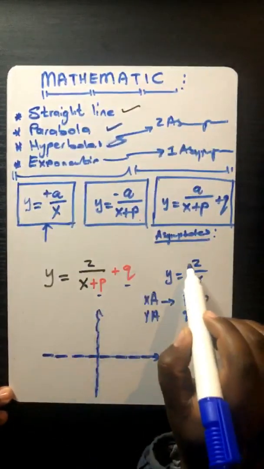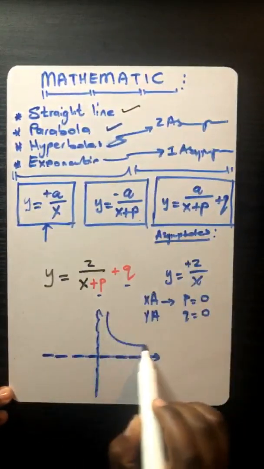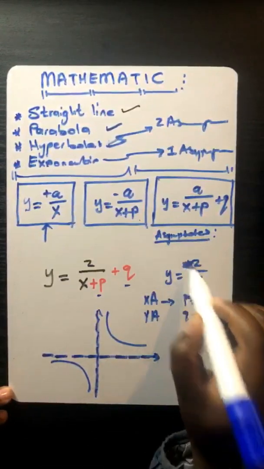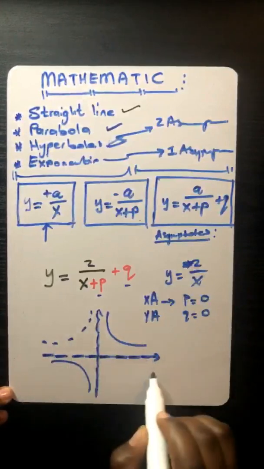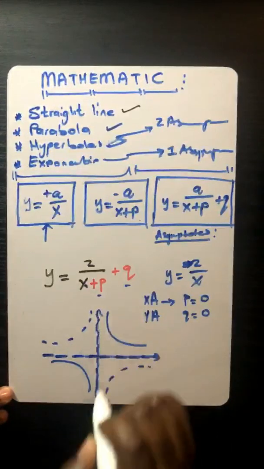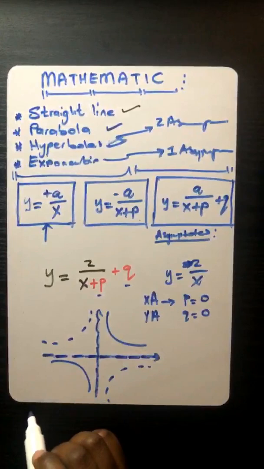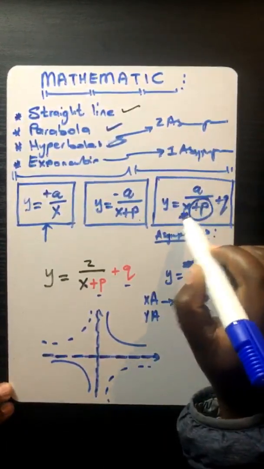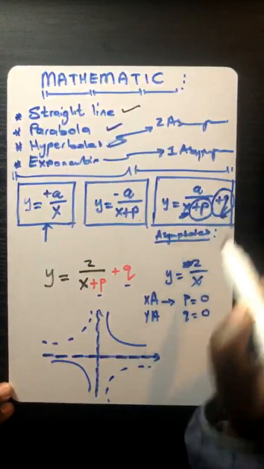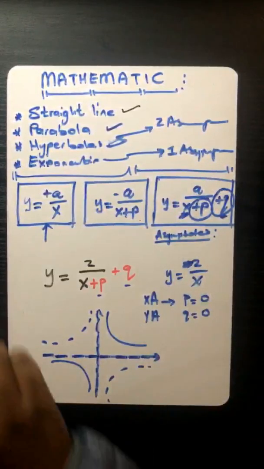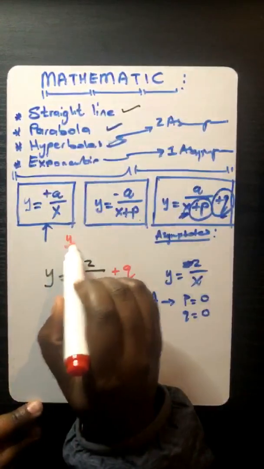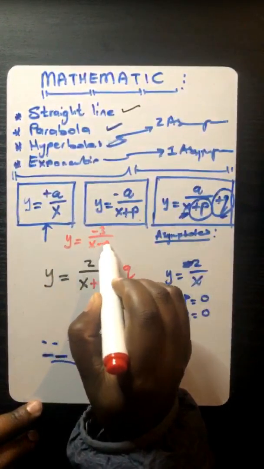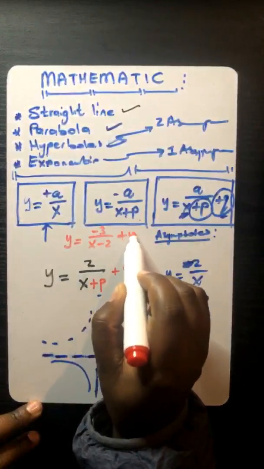Then depending on your a, if it's positive, you're going to have your branches there and there. But if it was negative, it would be there and there, having your asymptotes inside. So this gives you the x asymptote and this gives you the y asymptote. For example, in grade 12, let's say you've got y equals negative 3 over x minus 2, plus 4.